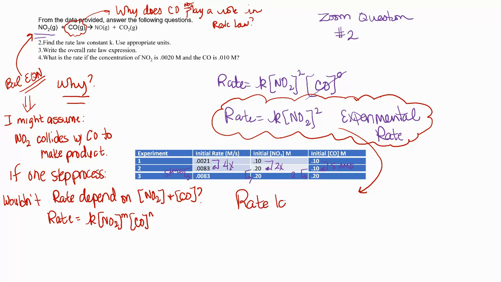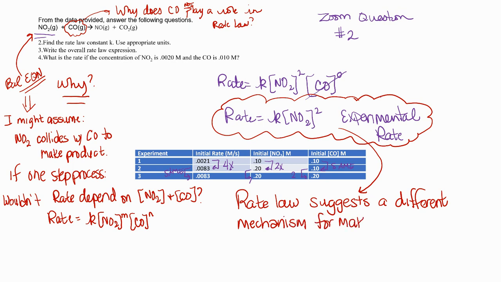So the rate law suggests a different pathway. And the word I'm going to switch it to is mechanism for making product.